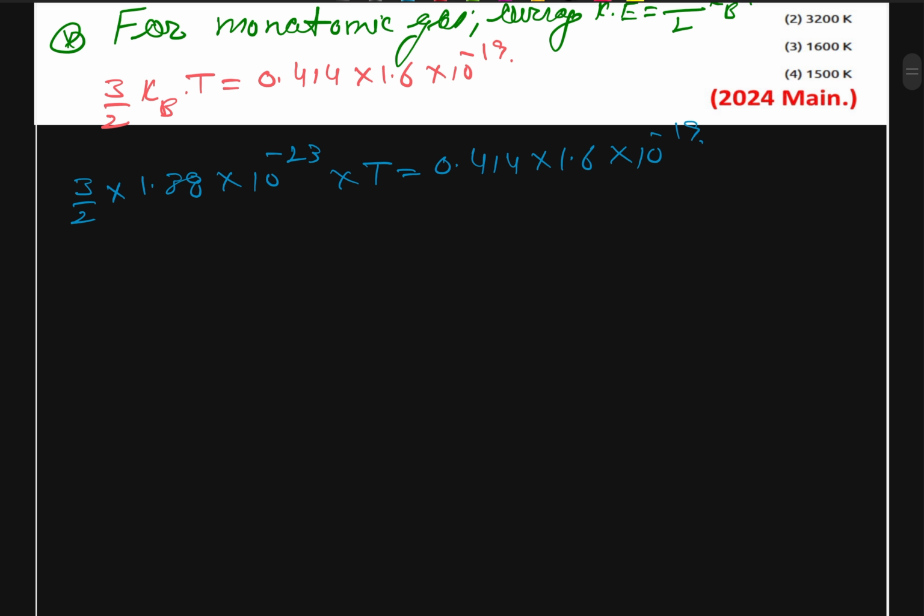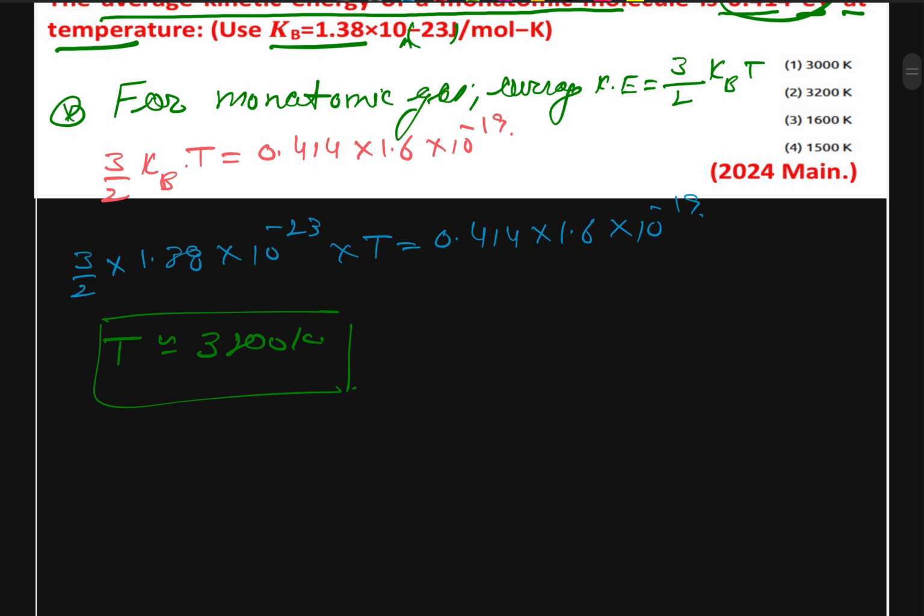So from here we can say that our temperature will be approximately equal to 3200 Kelvin. So option 2 is correct.